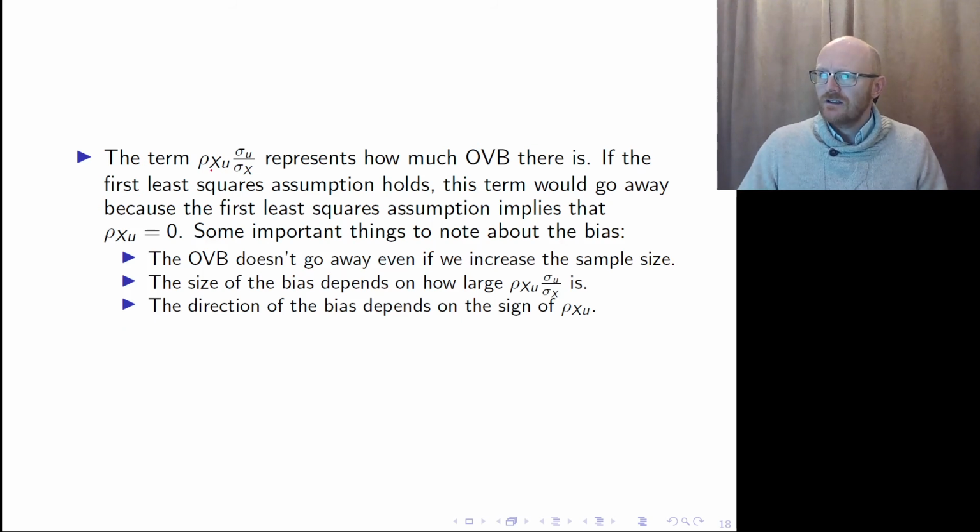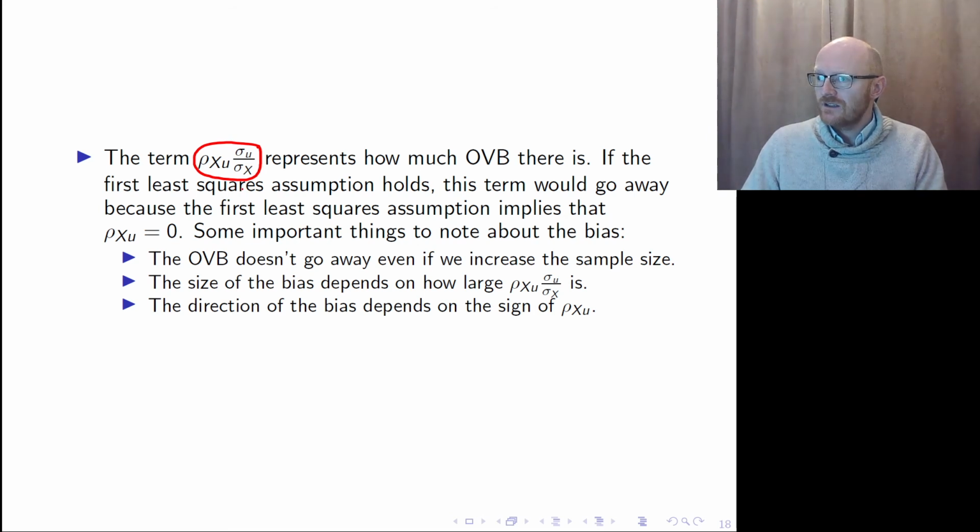Well, it means that this term represents how much omitted variable bias we actually have. It's really the difference between the observed slope and the true slope, right?